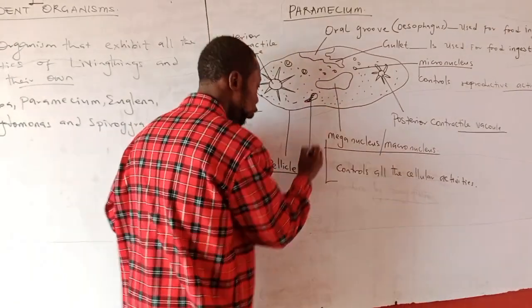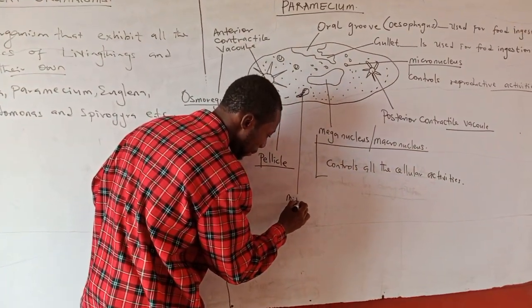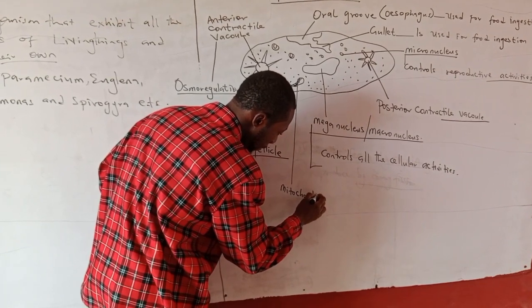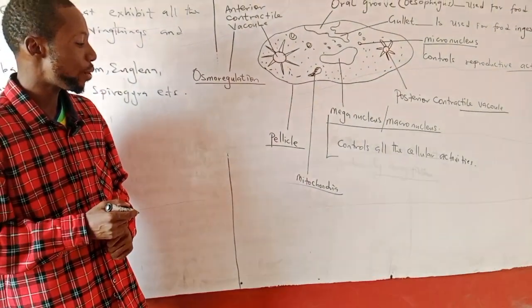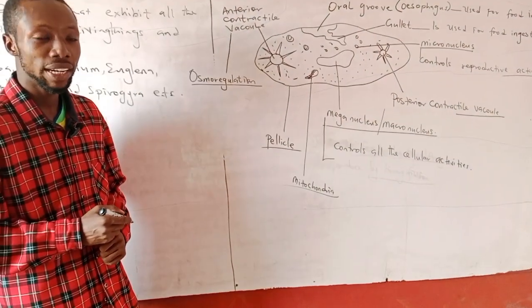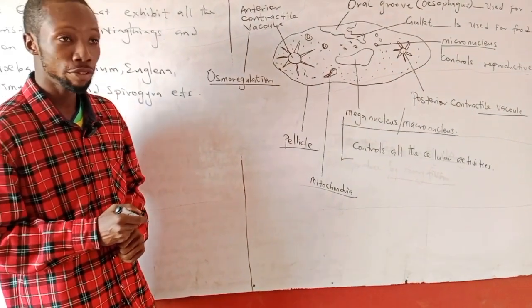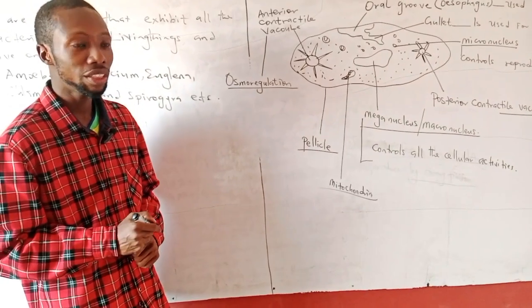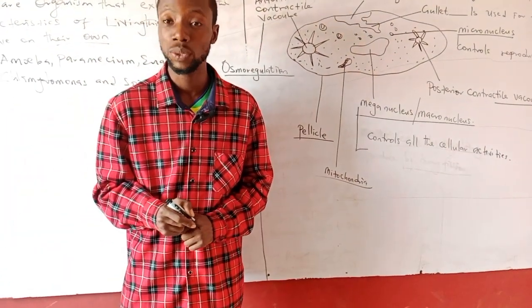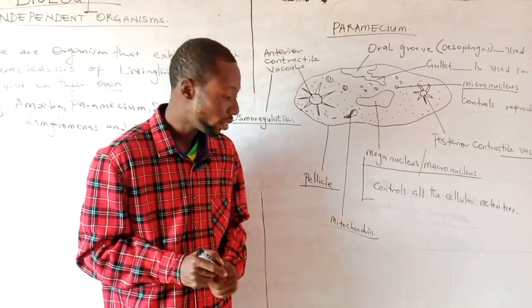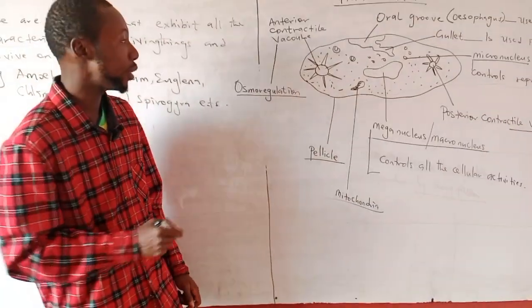Alright? This is the mitochondria. Of course, every cell has the mitochondria, used for production of chemical energy in the form of adenosine triphosphate, just as we discussed in Amoeba. Alright, this is the site for cellular respiration.